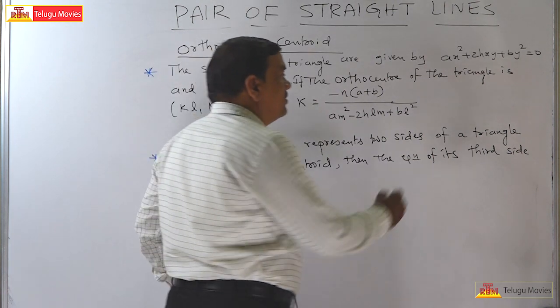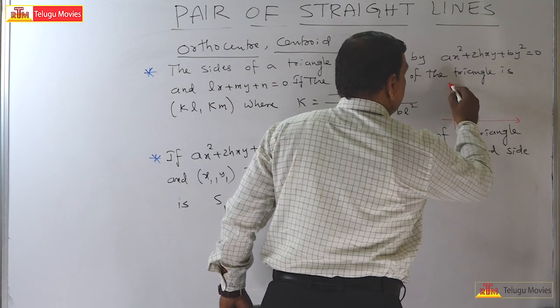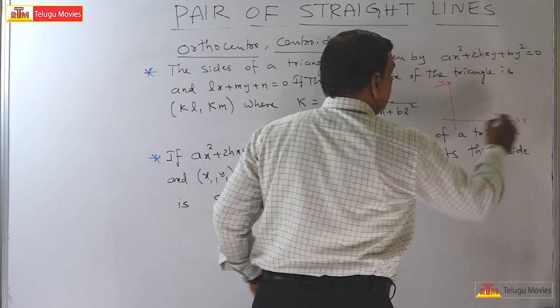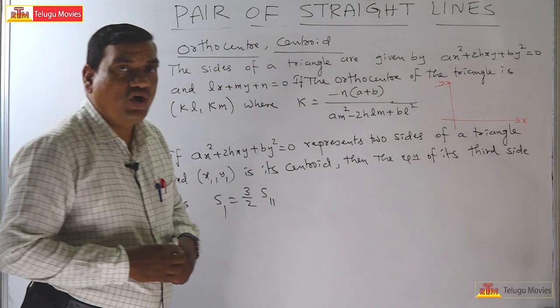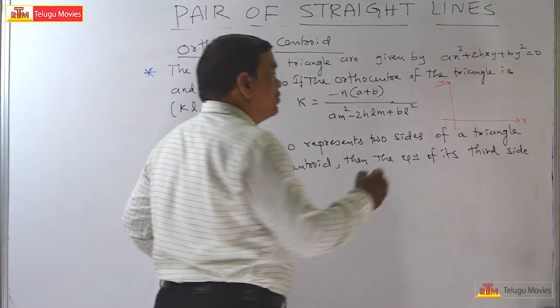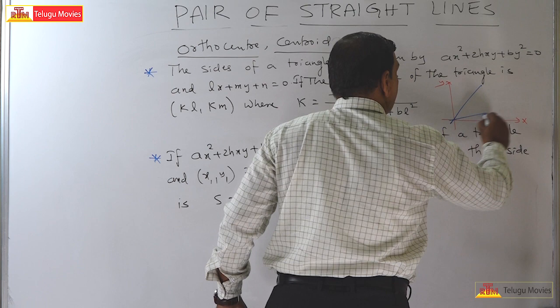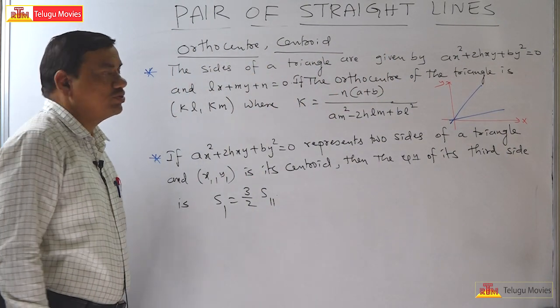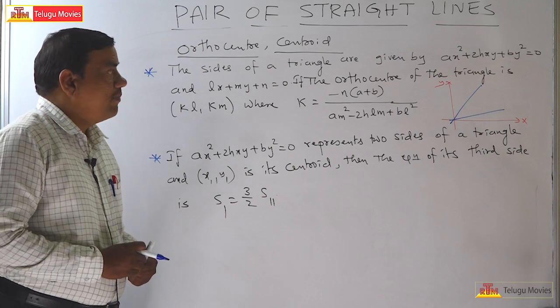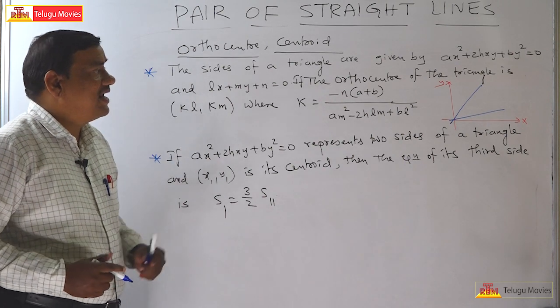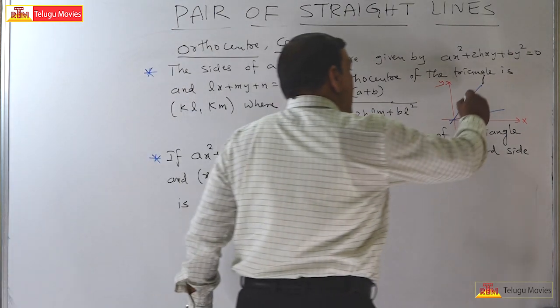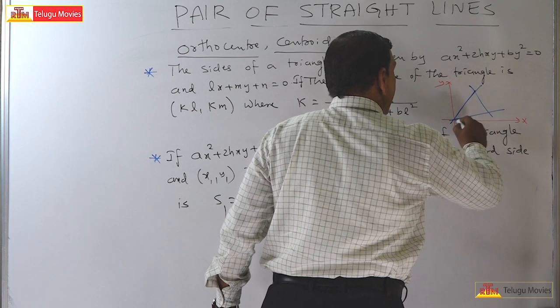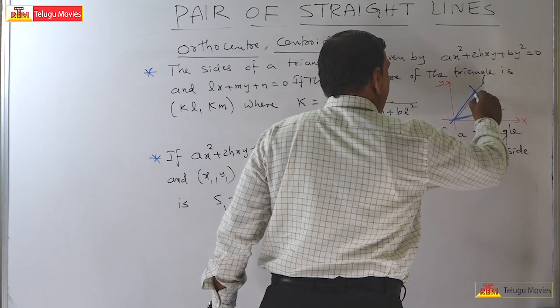So this is the x-axis and y-axis. The sides of a triangle are given by a pair of lines passing through the origin, ax square plus 2hxy plus by square, and another line, lx plus my plus n, so this is a triangle.